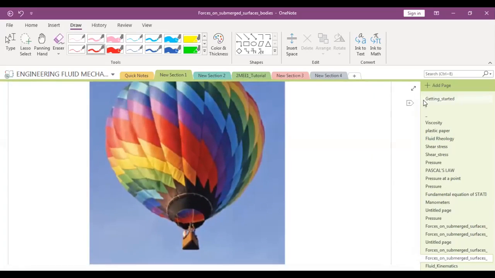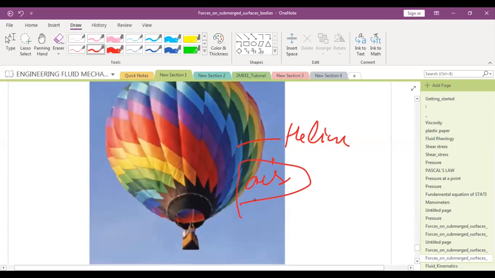Now let me know, if this is a helium balloon or hot air balloon, why is it rising in air? सर क्योंकि हीलियम की डेंसिटी नॉर्मल एयर से कम होती है. So it means the buoyant force is greater than mg.